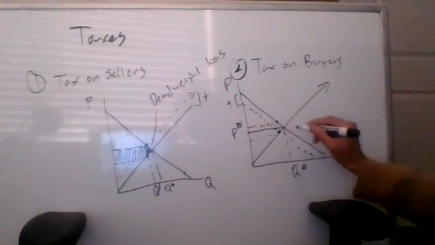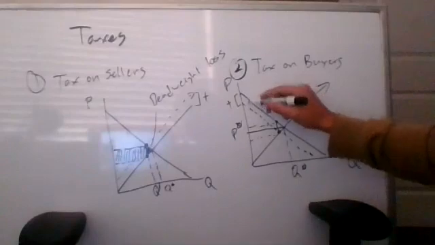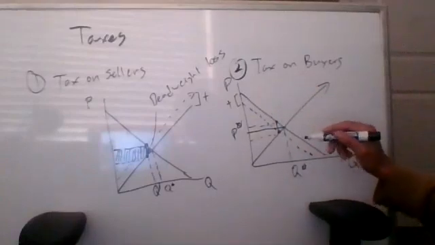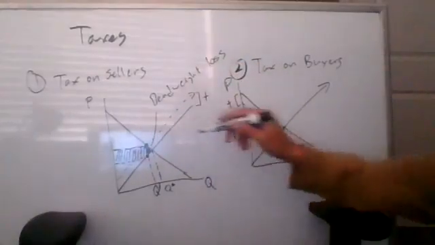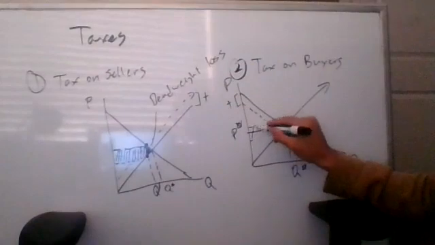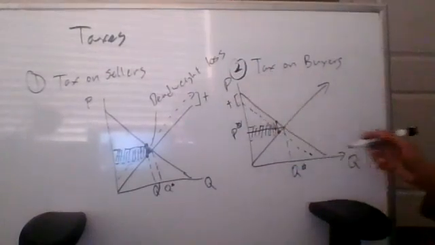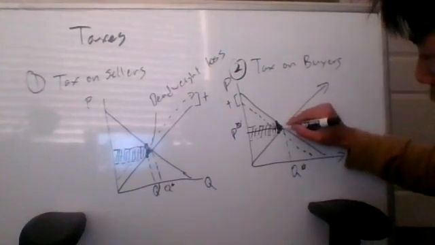So you'll notice that we have this same change. This change in producer surplus and consumer surplus is the exact same change as the surplus in this question right here. The tax revenue is the exact same as long as the tax is the same, and we still have this deadweight loss right here.